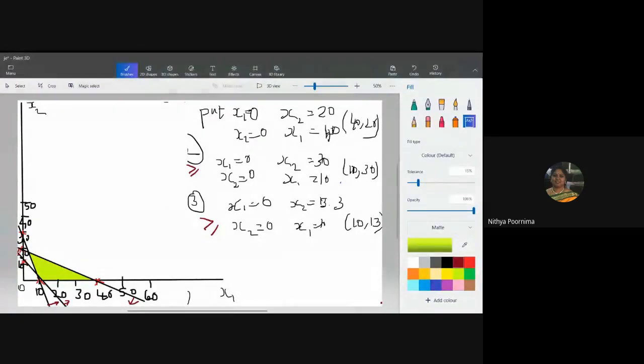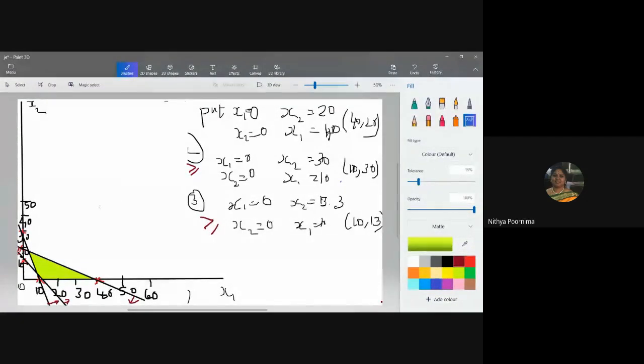Now, can you try to find out by using the four corner point method what will be the optimal solution? I'll name this point as A, this point as B, this point as C. Can you give me the coordinates for A, B, and C?